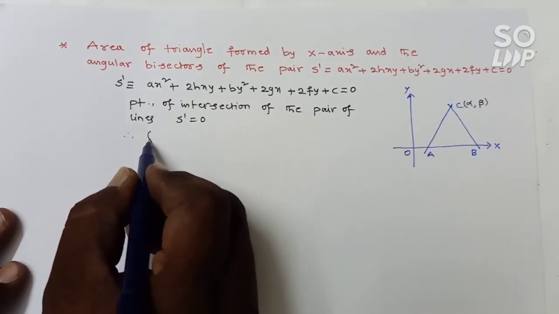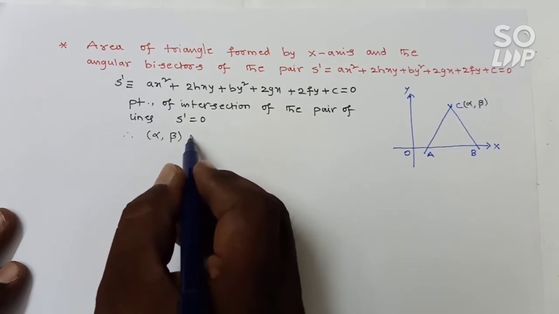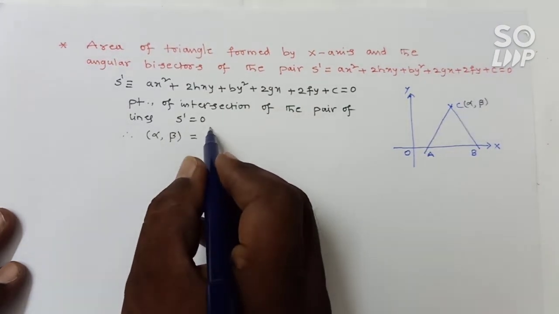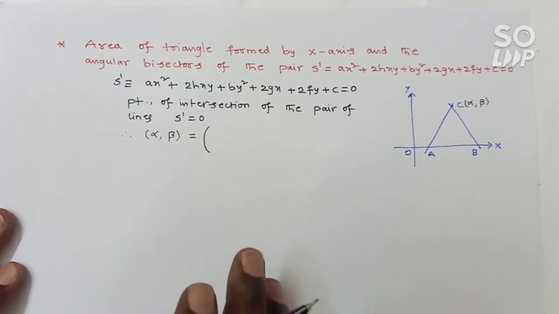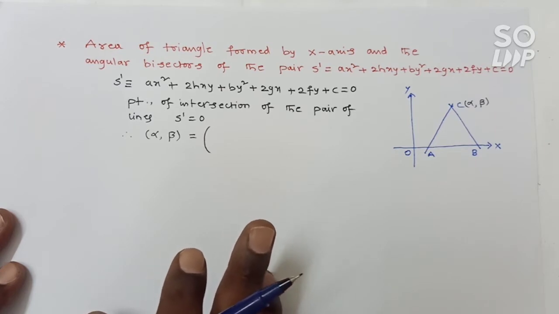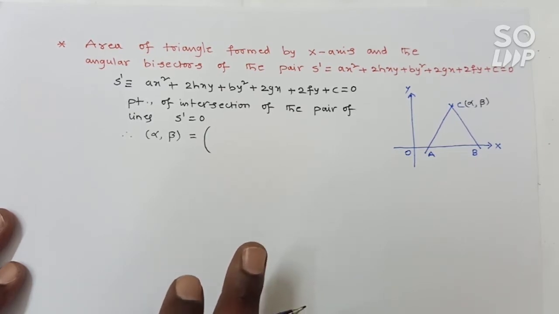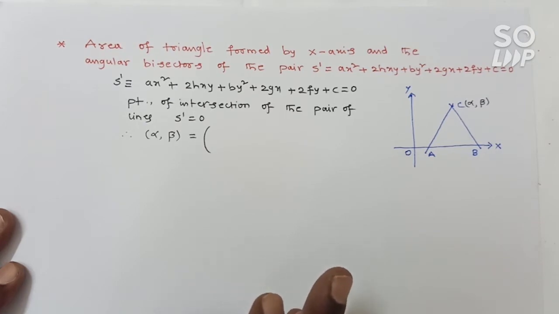Therefore (alpha, beta) equals, we have two types of expressions. One expression is ((hf - bg)/(ab - h²), (gh - af)/(ab - h²)).